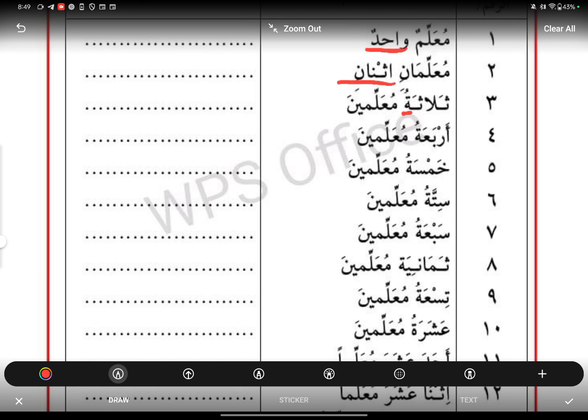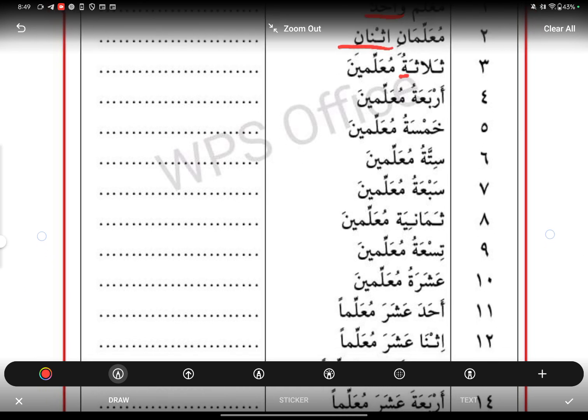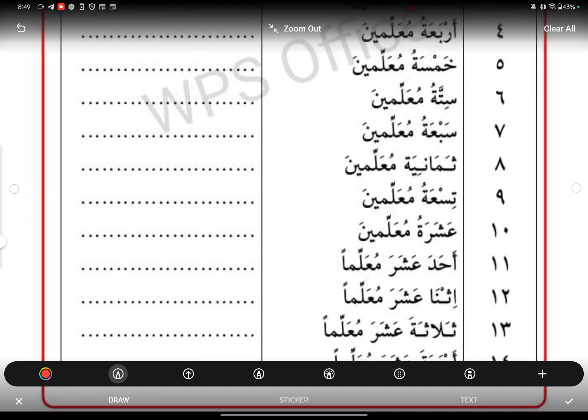So we have here معلم واحد, معلمان اثنان, ثلاثة معلمين, أربعة معلمين, خمسة معلمين, ستة معلمين, سبعة معلمين, ثمانية معلمين, تسعة معلمين, عشرة معلمين.